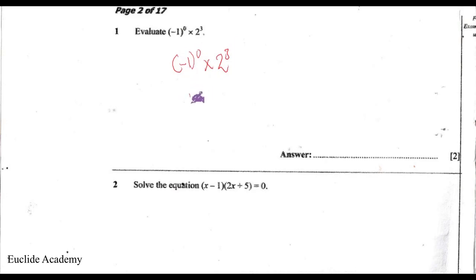So this is 1 times 2 to the power 3, which means 2 times 2, which is 4, times 2 again, which is 8. So 8 times 1 gives us 8. Pretty much straightforward for 2 marks.